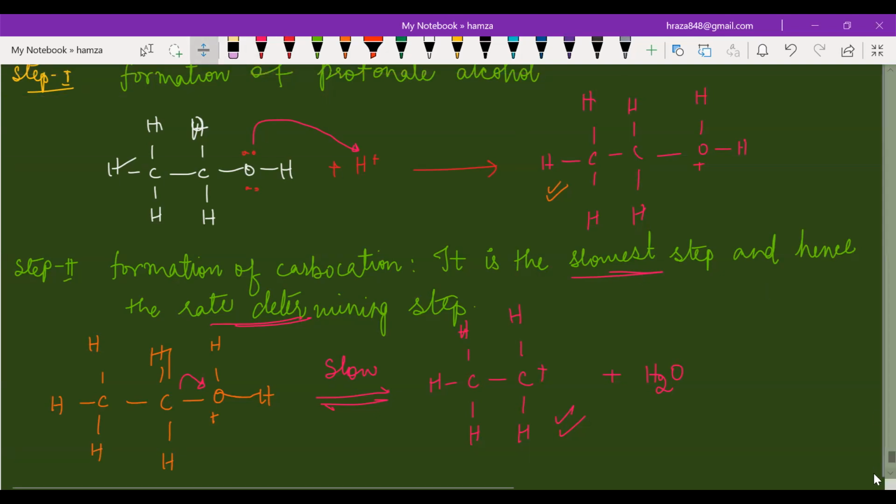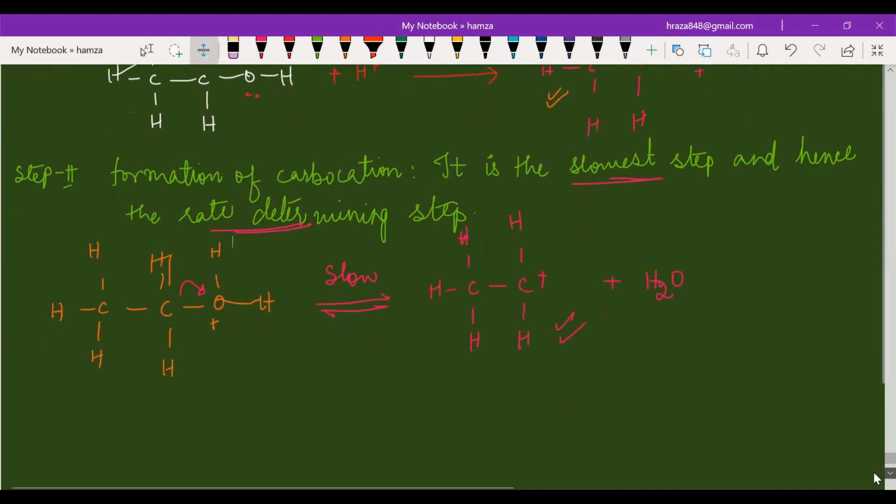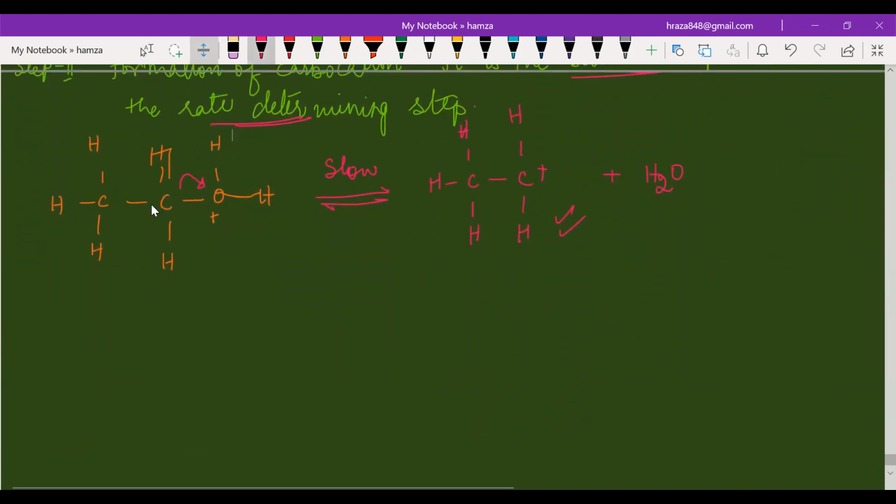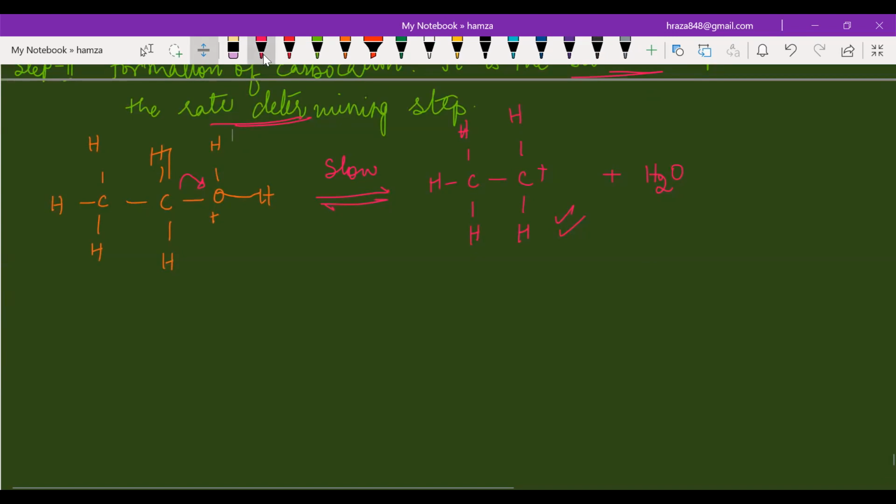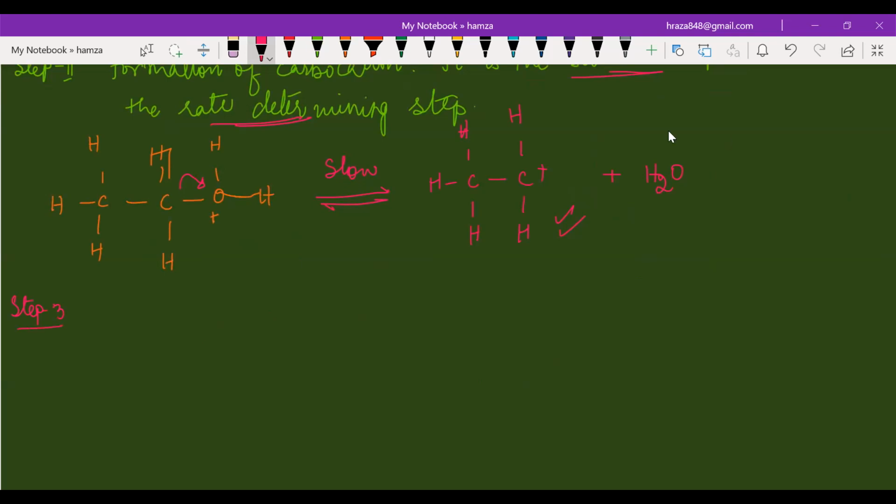Now the next step comes, step 3, which is also very easy to understand. Here alkene forms. How does alkene form? In the first step, we reacted alcohol with proton, and in the last step, we will eliminate this proton.